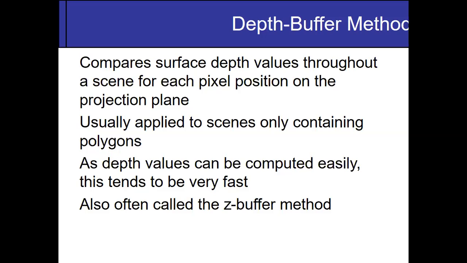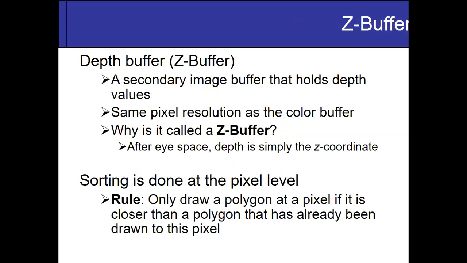The depth buffer algorithm is an efficient algorithm to determine which face is visible, which face is not visible. To put it in simple terms, use the Z buffer or depth buffer algorithm just to highlight which pixels are visible. That's it.